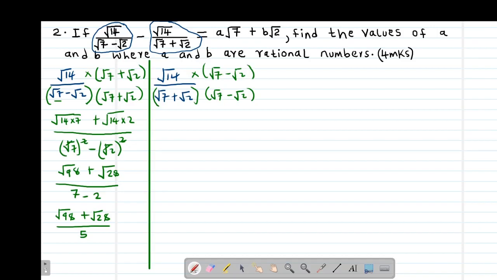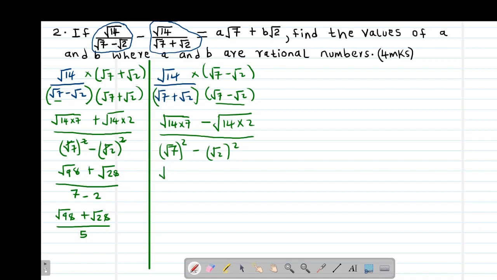I multiply also the numerator with the conjugate, root 7 minus root 2. So at the numerator I'll get the root of 14 multiplied by 7, then minus the root of 14 multiplied by 2, then divided by, this is a difference of 2 squares, so I'll use the minus: root 7 squared minus the root of 2 squared.